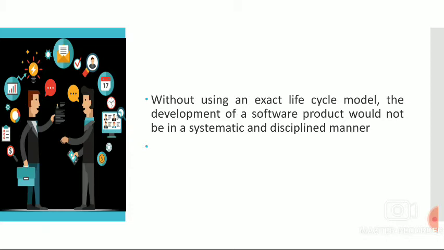Each and everything must be clear. The point here in the slide is, without using an exact life cycle model, the development of a software product would not be in a systematic and disciplined manner. Without a proper life cycle, we cannot design the project in a proper manner.